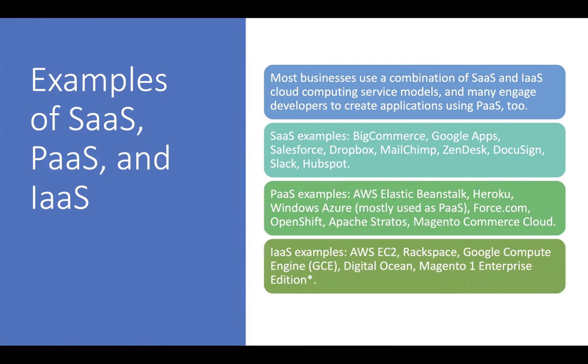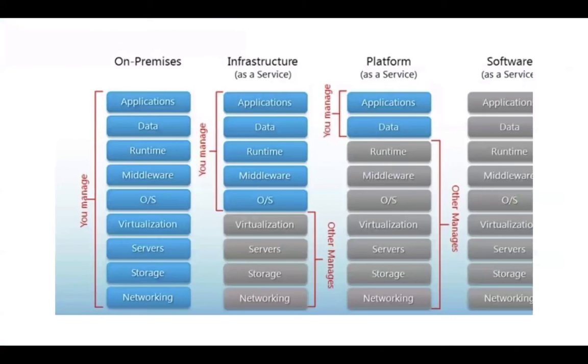The next one is infrastructure as a service, and again AWS EC2, Rackspace, Google Compute Engine, DigitalOcean, etc. All these are used for infrastructure as a service.